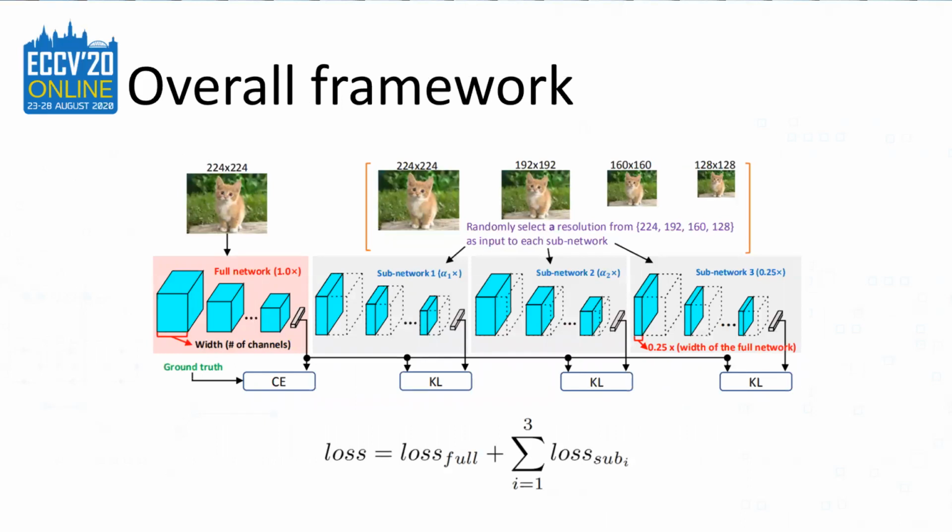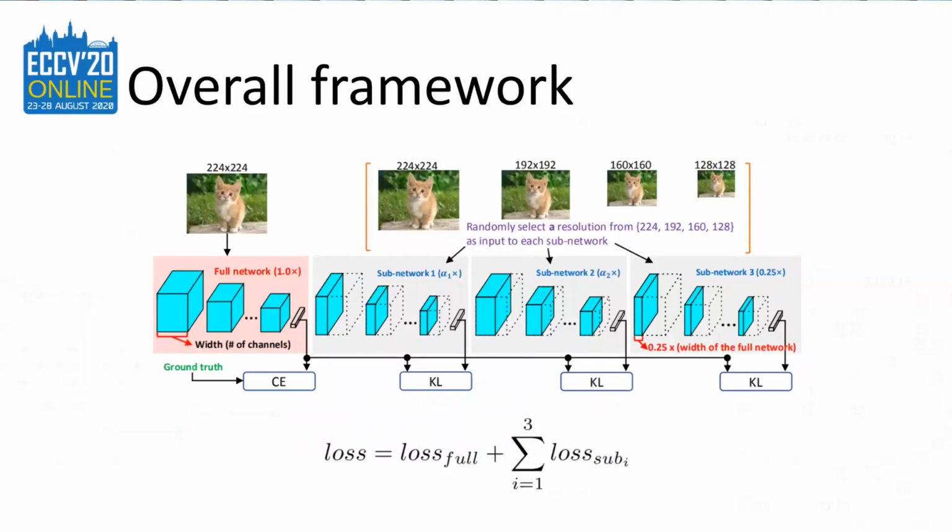This is an example to illustrate our method. In each training iteration, we sample 4 subnetworks by the network width: the largest one, which is the full network, the smallest one, which is 0.25 in this case, and 2 random ones. We always feed the largest resolution to the full network because the largest resolution contains the richest semantic information.